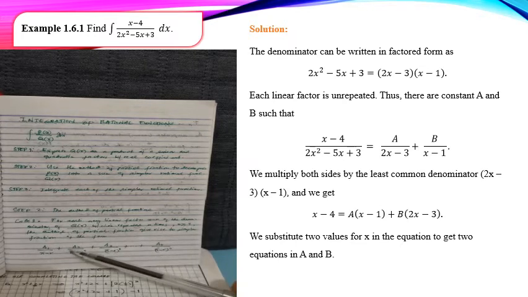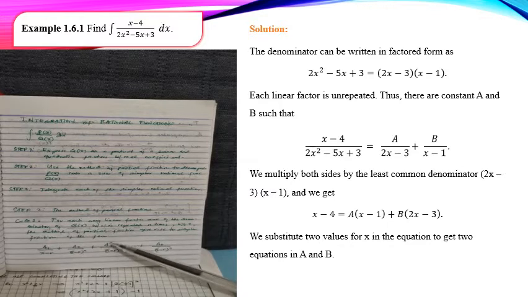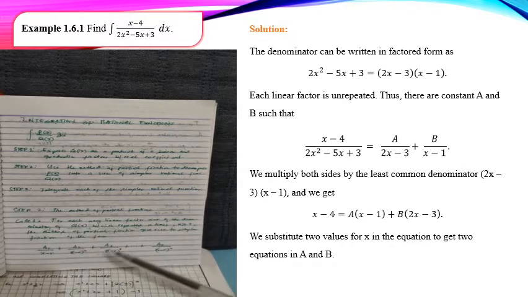So, pwede din na gamitan natin to ng b, c. Depende na sa variable na gagamitin ninyo, and it should be in capital letters. Plus a sub n over x minus r to the power of n, where n is any real number. So, depende kung ilang beses nag-repeat yung linear factor natin.